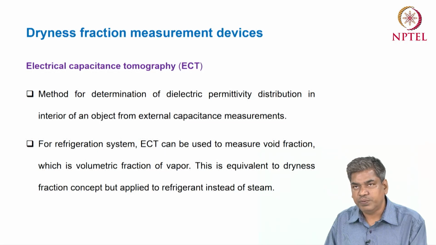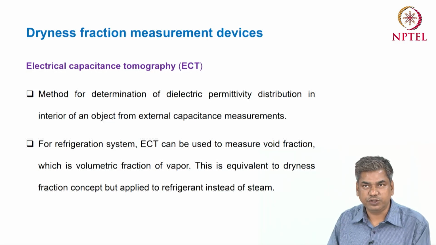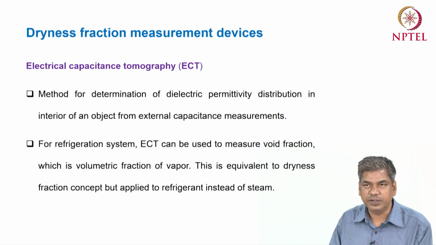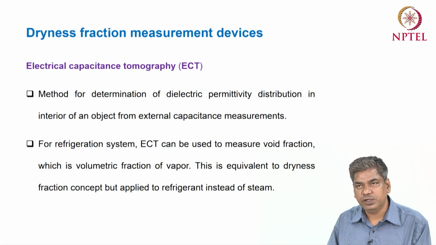By measuring this distribution, ultimately we get the capacitance, and then we can interpolate between the liquid and vapor portion. So ultimately we will be able to measure the distribution of the liquid and vapor.